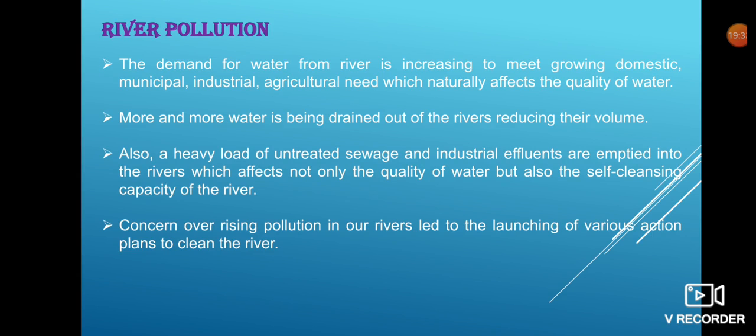On the other hand, a heavy load of untreated sewage and industrial effluents is emptied into the rivers. This affects not only the quality of water but also the self-cleansing capacity of the river.